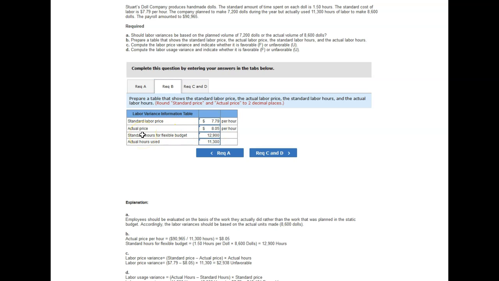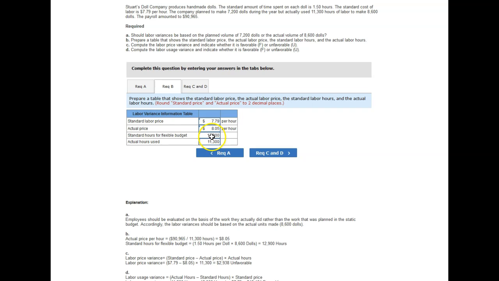Next, they're asking for standard hours for flexible budget. So this means how many hours should they have used based on actual output? This is sort of like your materials. We just saw the other one in the previous problem. How many units of raw material should they have used based on what they actually produced? So how many hours should they have used based on actual production?